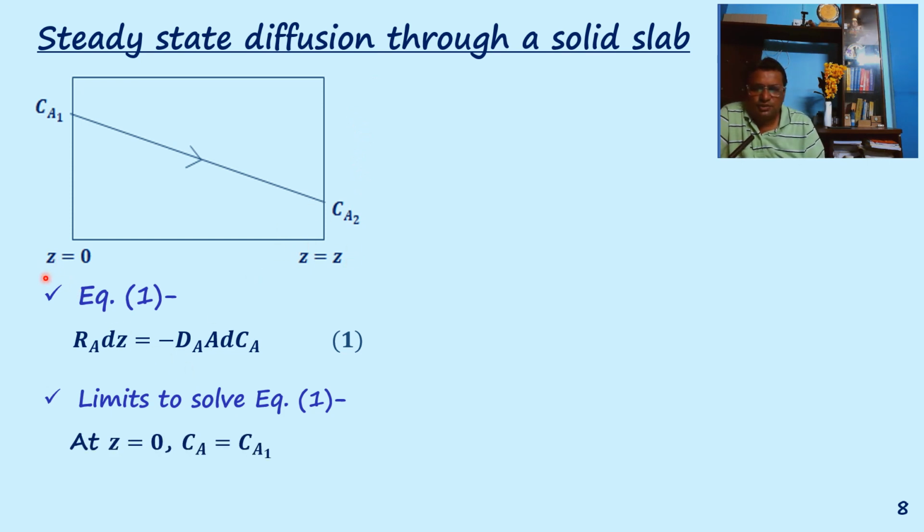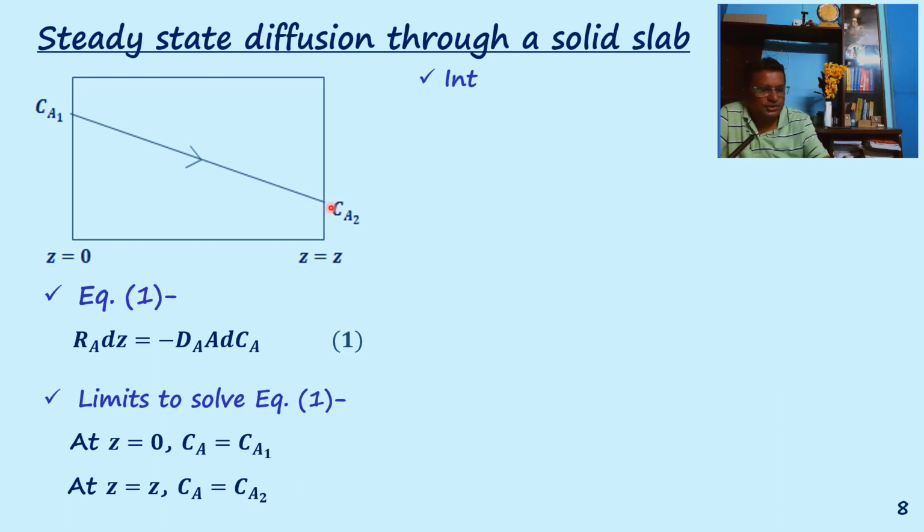At z is equal to 0, CA has a value of Ca1, whereas at z is equal to z, CA has a value of Ca2. So these are the limits.